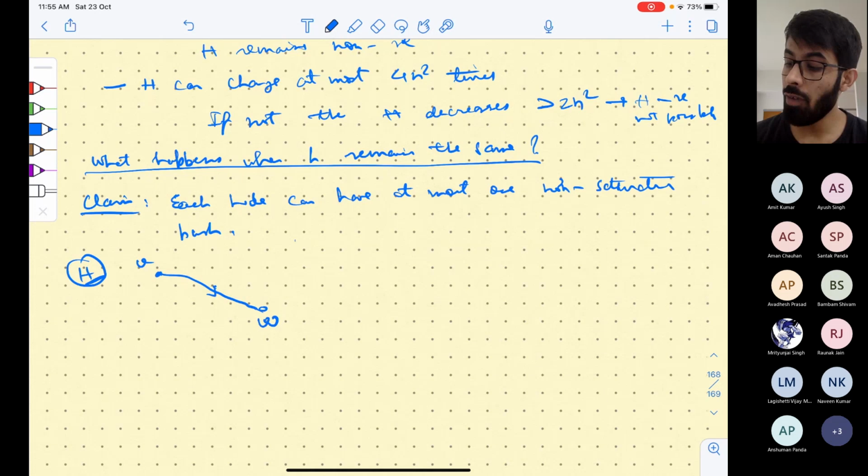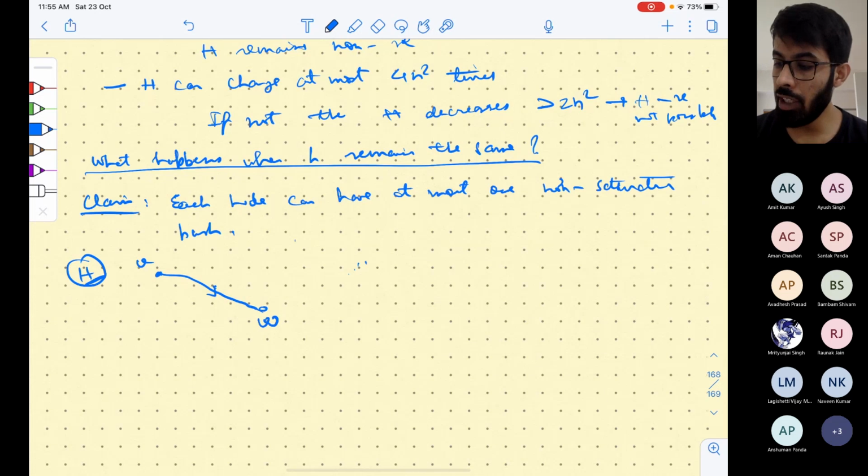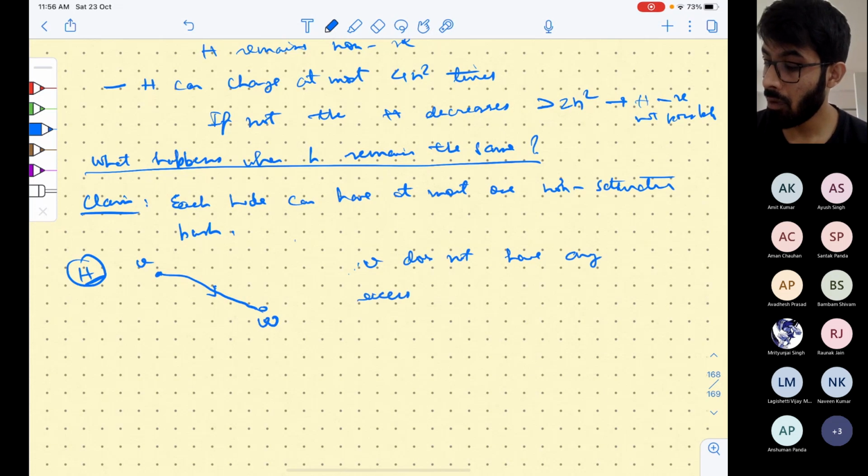So now if we want to push from V again, and this is a non-saturating push, right? If we want to push from V again, V does not have any excess after the non-saturating push. So how can we push from V again?